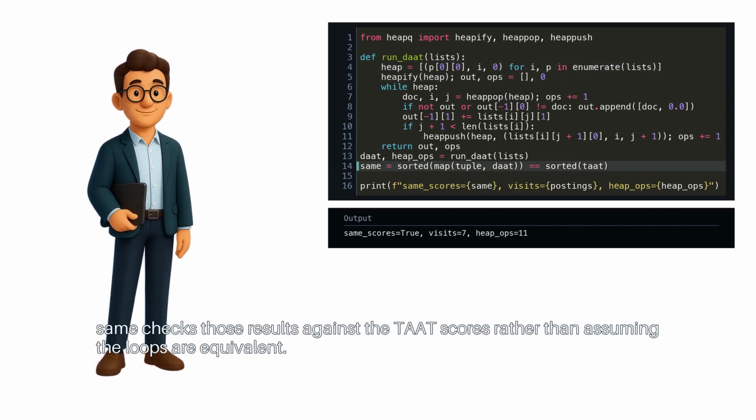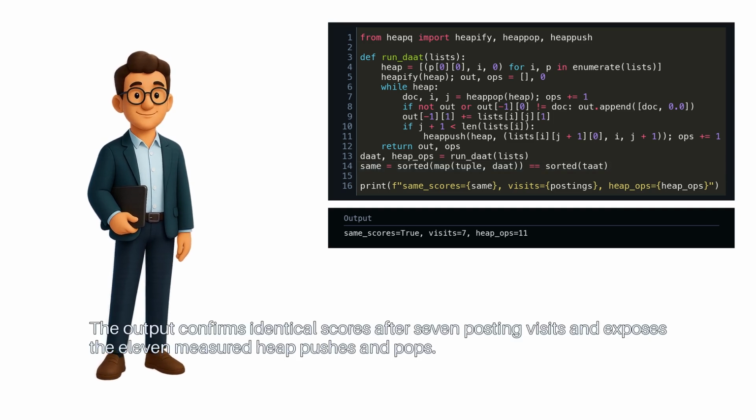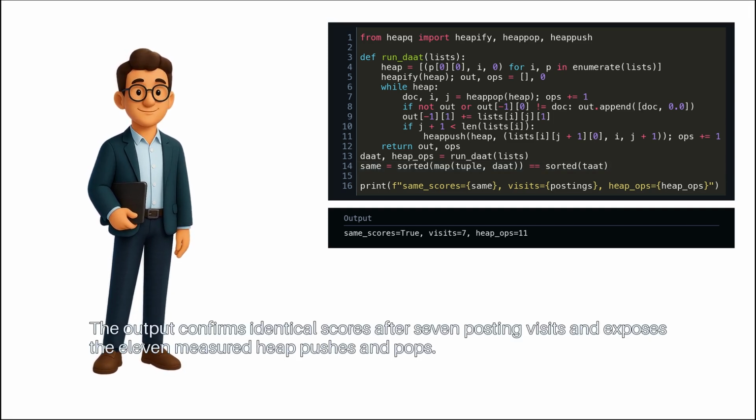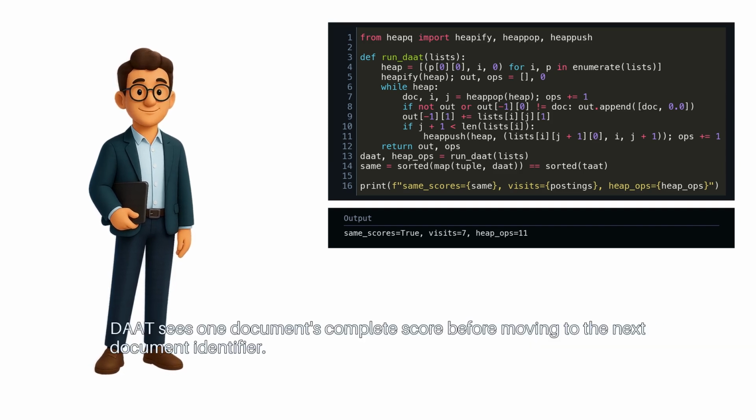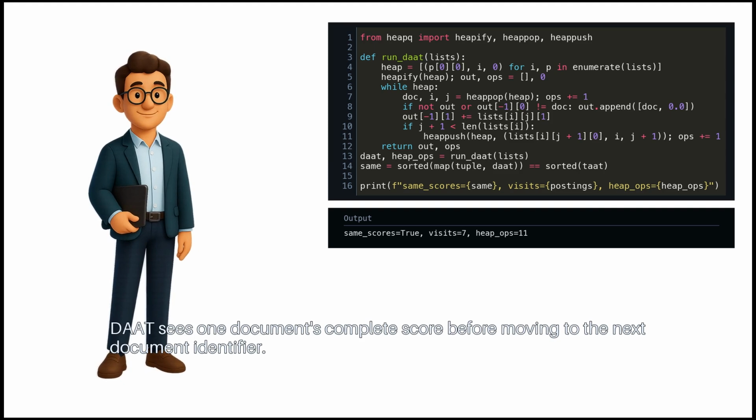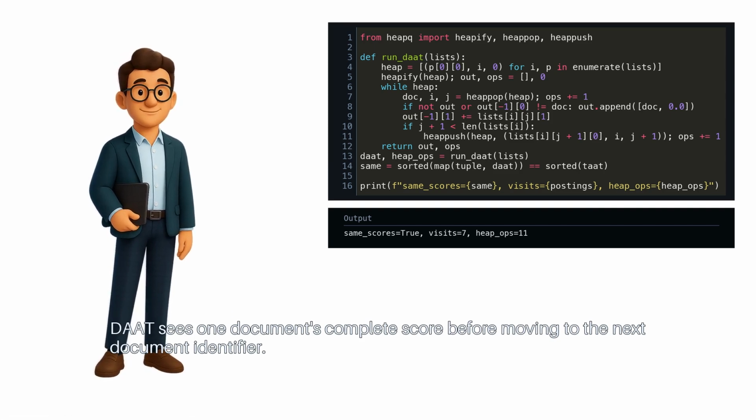Same checks those results against the TAAT scores rather than assuming the loops are equivalent. The output confirms identical scores after 7 posting visits and exposes the 11 measured heap pushes and pops. DAAT sees one document's complete score before moving to the next document identifier.